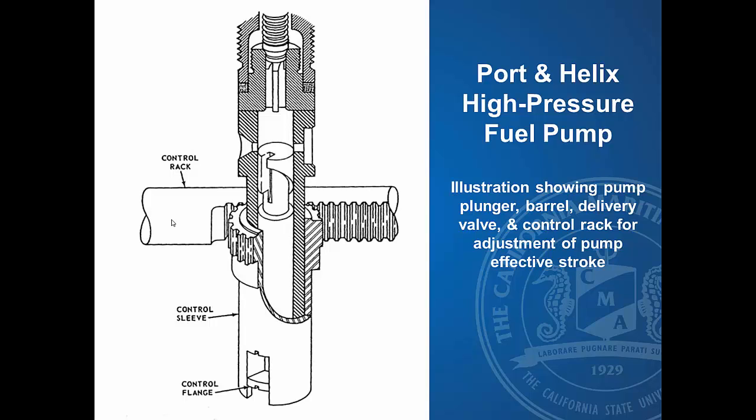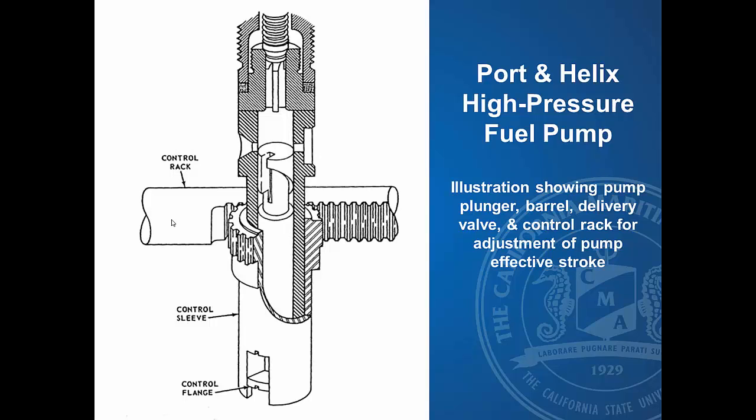So they put in a delivery valve, so when the pressure in the high pressure line is higher than in the space above the pump plunger, the check valve will close and prevent that line from draining back. Also, long high pressure pipes are disadvantageous with fuel injection.